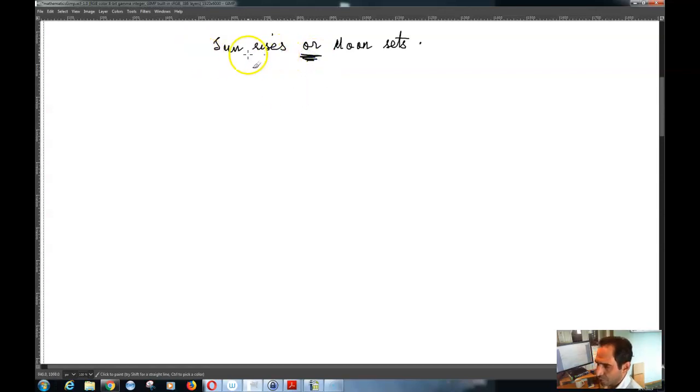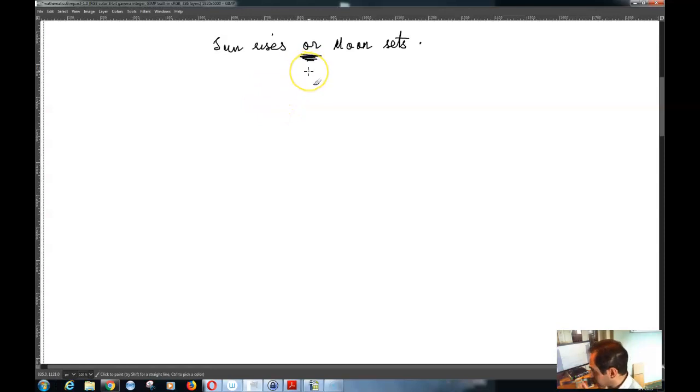There are two component statements: number 1, sun rises, and number 2, moon sets. If both of these can be true at the same time, this or will be an inclusive or. Otherwise it will be an exclusive or.